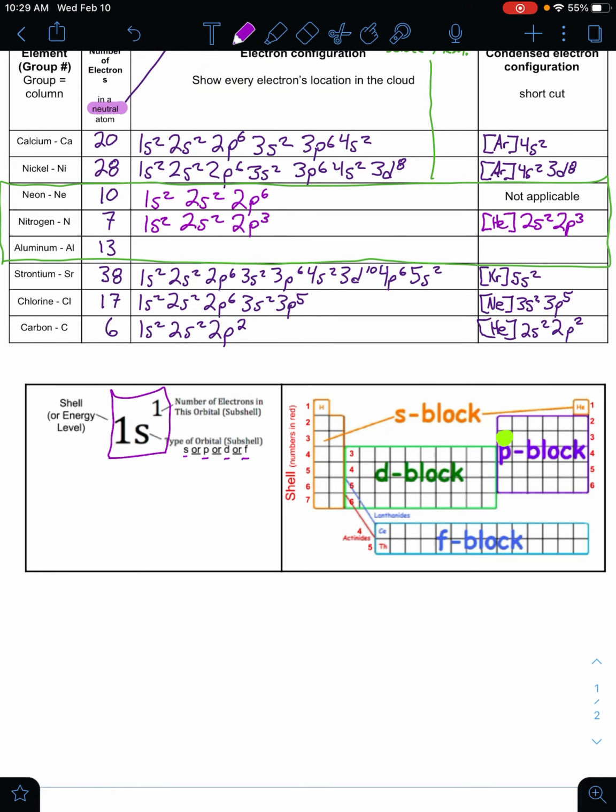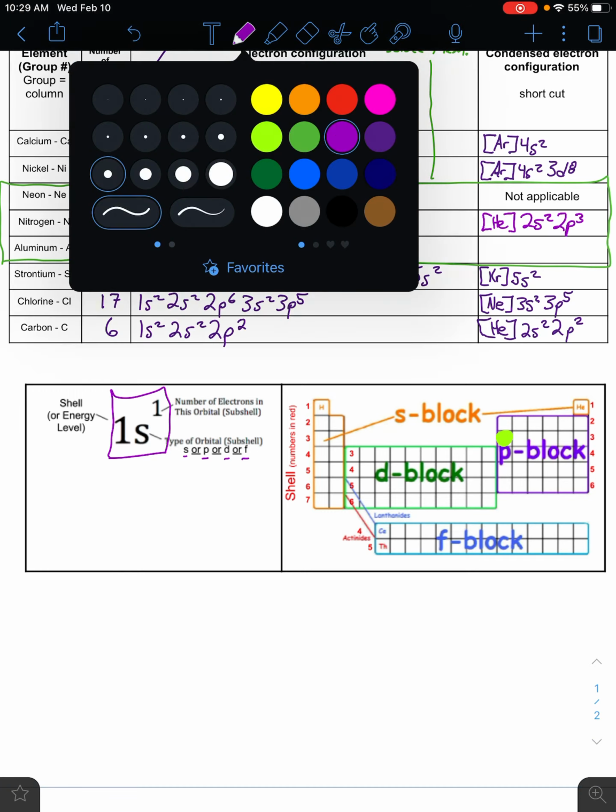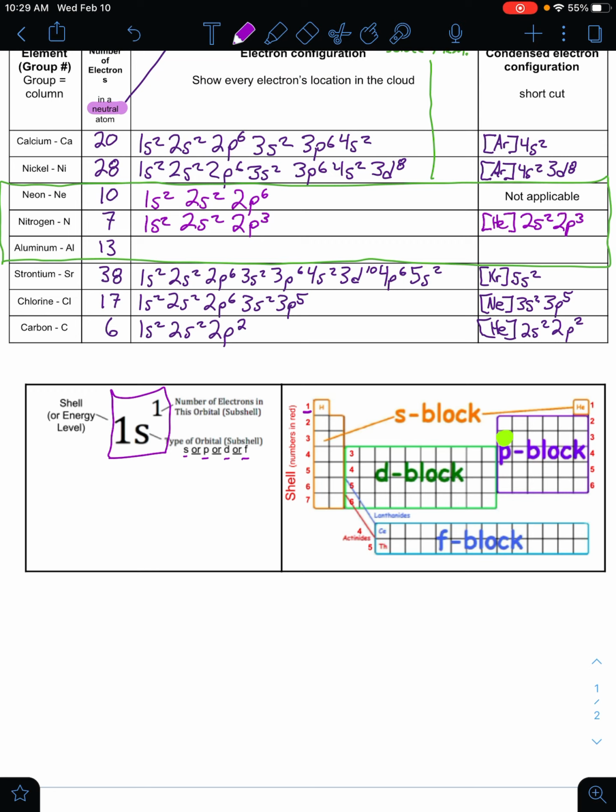So if we count it out, we have 1s2, 2s2, 2p6, 3s2, 3p1. So 1s2, 2s2, 2p6, 3s2, 3p1.